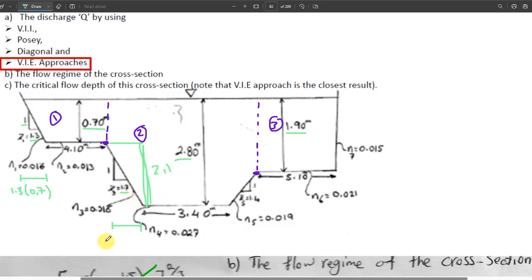So I can put 1.7 times 2.1. And the other one from that side, 1.4 times how much? 2.8 minus 1.9, the rest is 0.9. So 1.4 times 0.9. Easily we can get the answers like that.